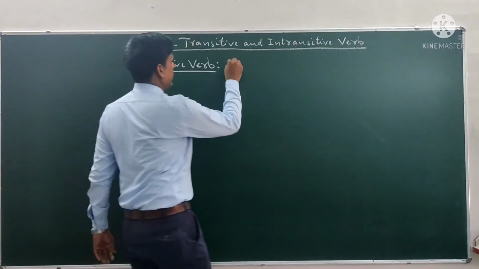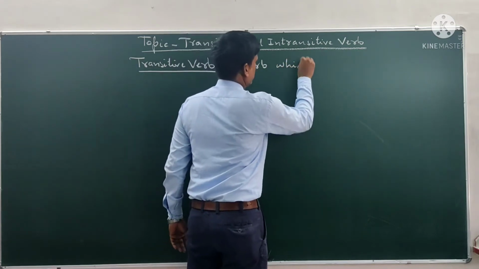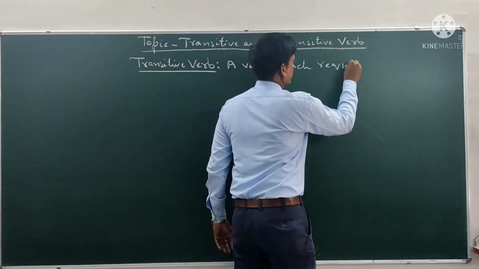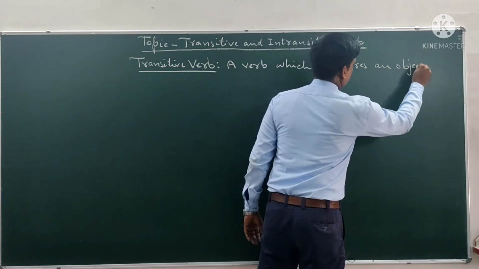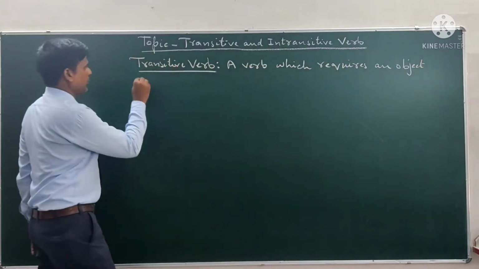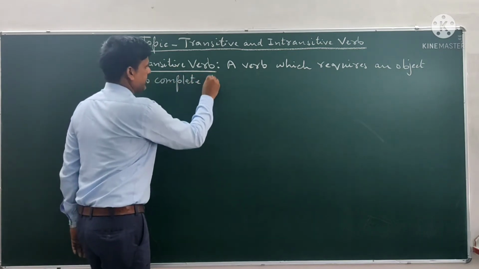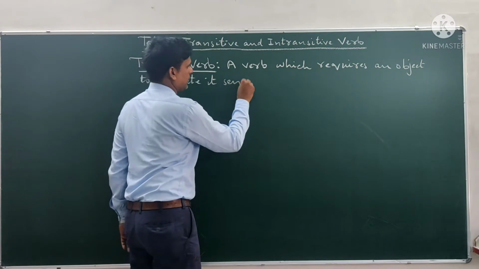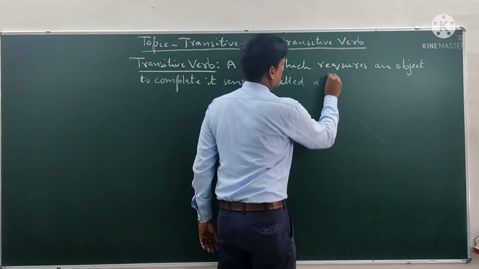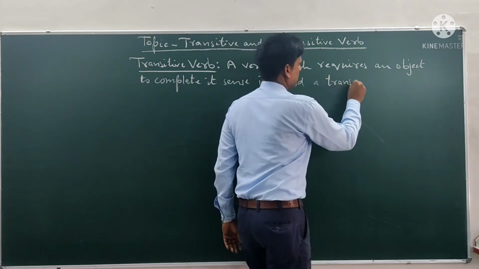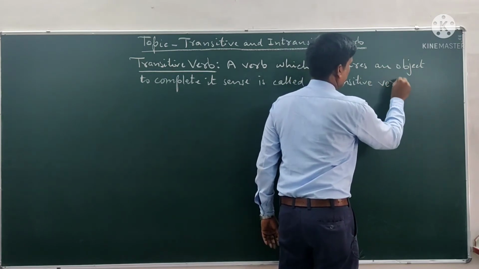So, you can say that a verb which requires an object to complete its sense is called a transitive verb.